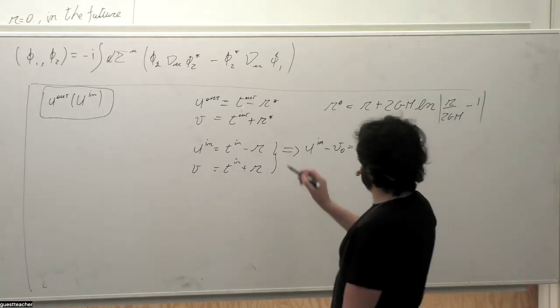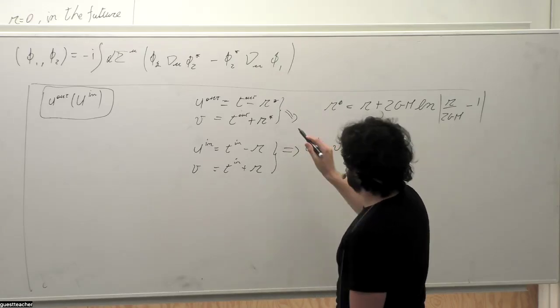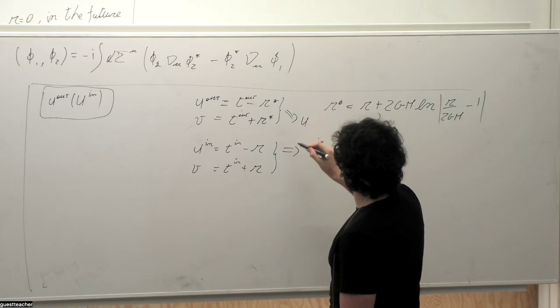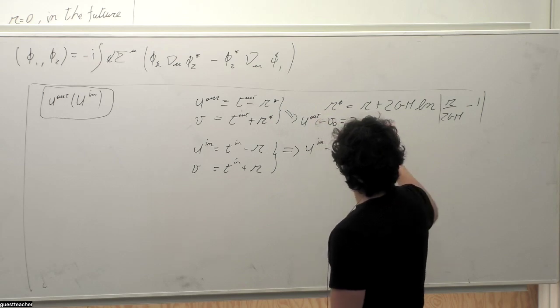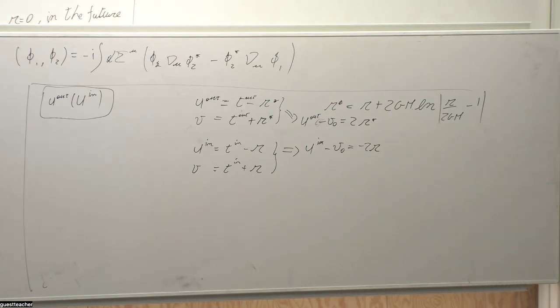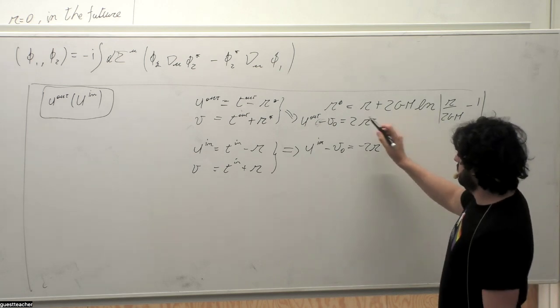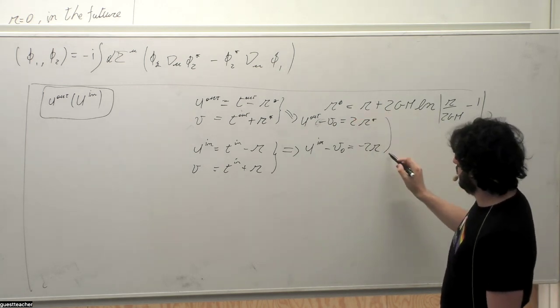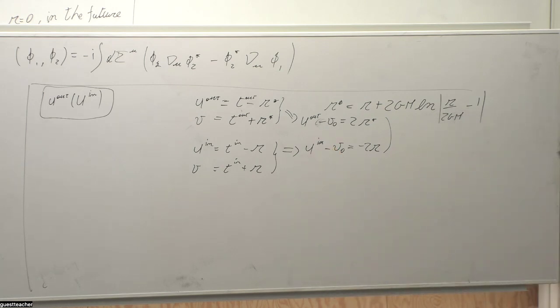And also from here, I get a very similar relation: u out minus v naught is equal to 2r star. Then r star is given by this, and taking these two together gives me u out as a function of u in.